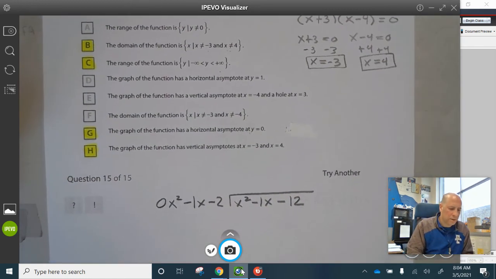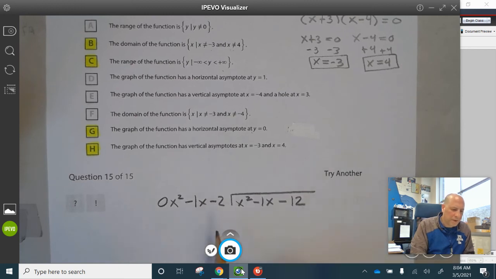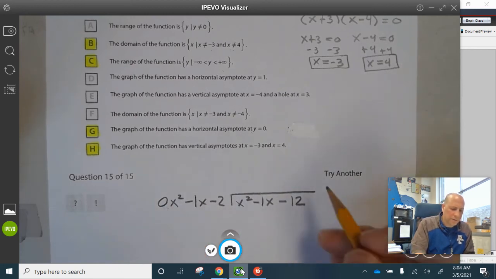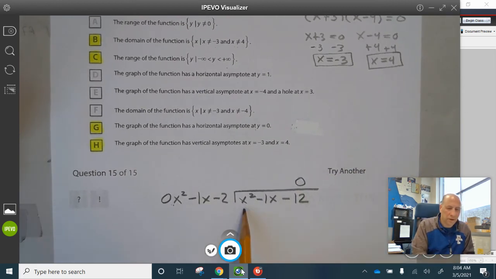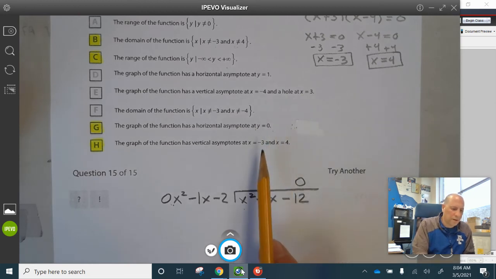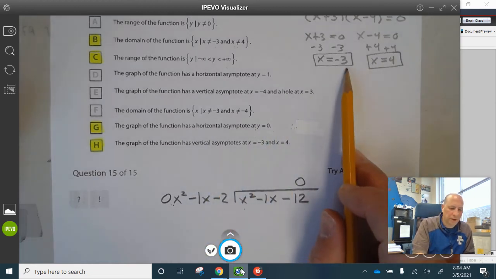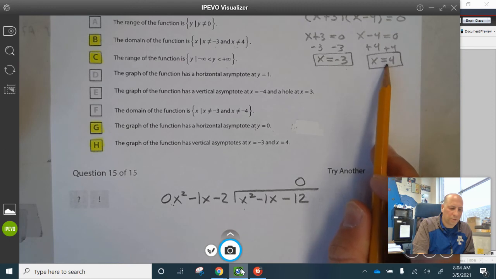And then basically, you're going to get 0 here because nothing goes here. So that's where you get the y equals 0. And then the asymptotes come from x equals -3 and x equals 4.